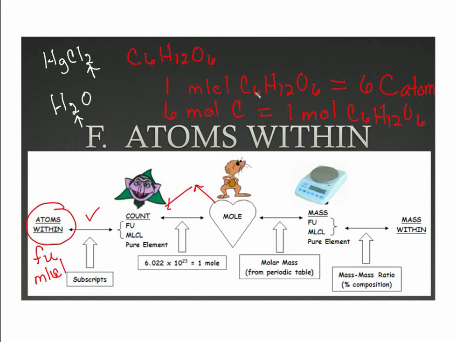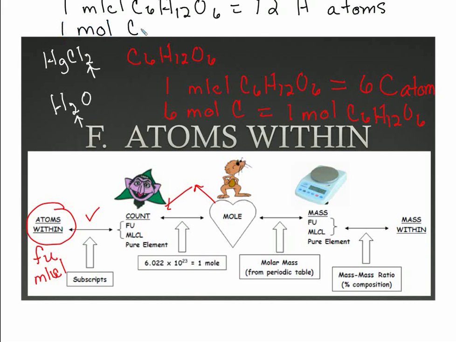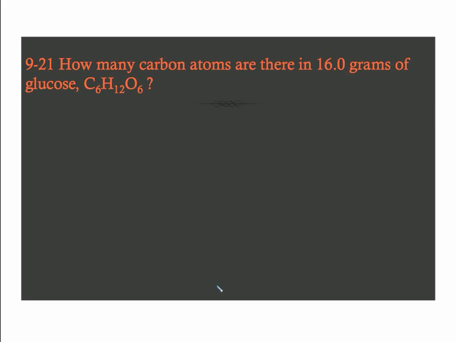Now, if I was talking about hydrogen, I would say that for every 1 molecule of C6H12O6, I have 12 hydrogen atoms. Now, I can do this conversion at the mole level because for every 1 mole of C6H12O6, I also have 12 moles of hydrogen atoms. So you can do these conversions at either step.